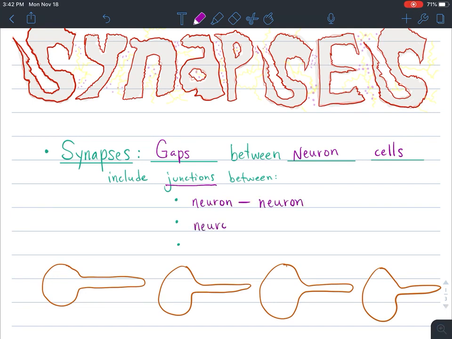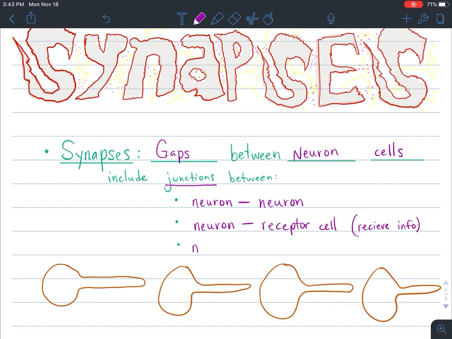Also from a neuron to, let's say, a receptor cell. Receptor cells are ones that basically receive information. So it could be like your eye, because your eye receives information.